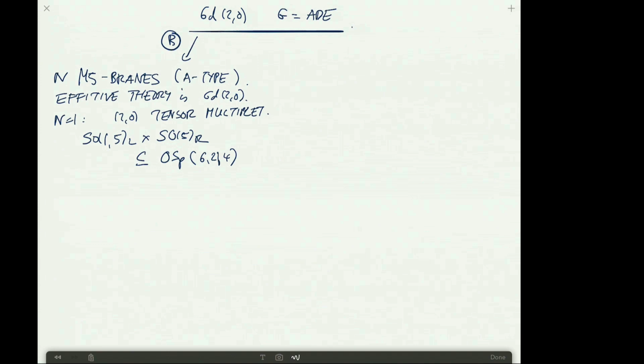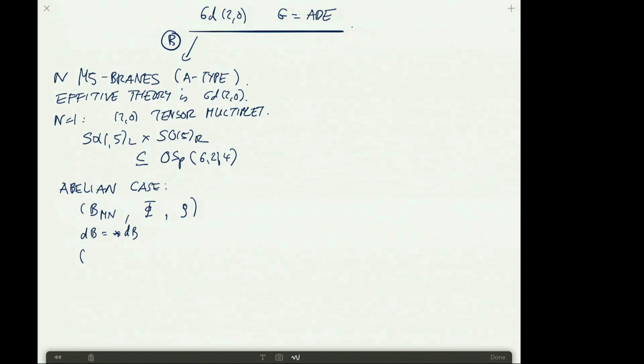And the abelian tensor multiplet is given, for the abelian case, by a self-dual B-field, so the field strength satisfies dB = *dB. It has scalars and fermions, and they transform in the following representations, namely the (15,1), the (1,5), and the (4,4) of this group.